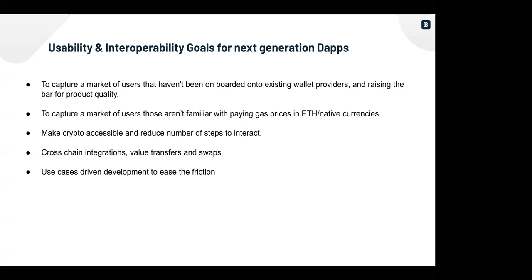That's the goal of the next generation of these dApps, that we reduce the number of steps to interact with this blockchain, and make these crypto tokens or technology more accessible. And then more chains are coming.